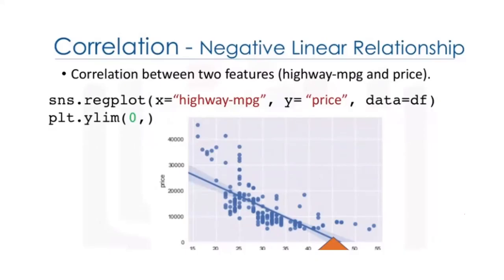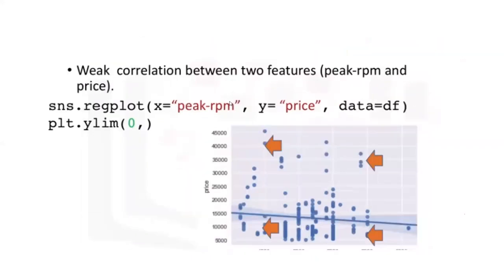If it is a sports car, then the mileage must be pretty low, right? Because it's a high performance car. So here it is negatively correlated. And here RPM and price have no correlation at all, because every car will have a similar RPM. It's based upon the throttle and the range and all.